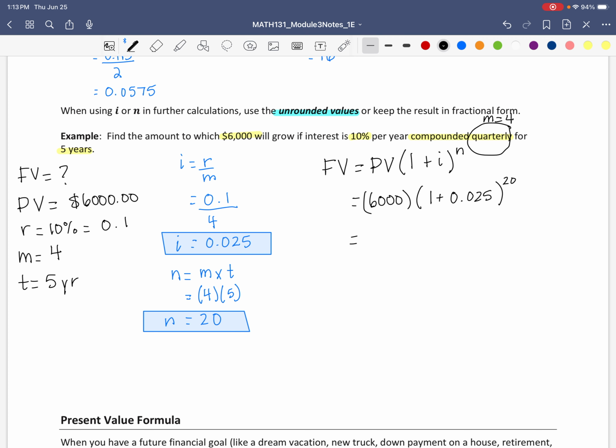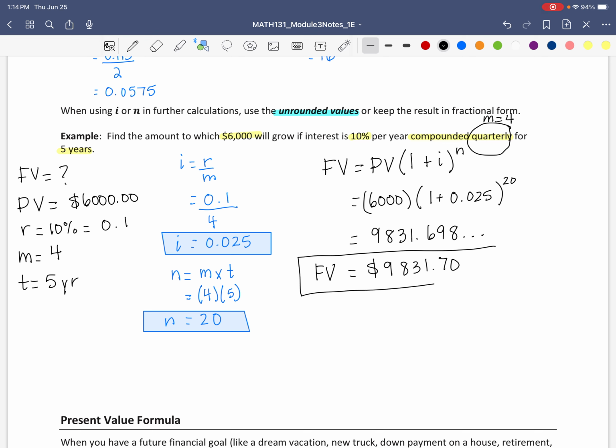When we put this into your calculator, you're definitely going to get a value that likely you're going to need to round. And again, we're talking about money, so we're going to round it to 2 decimals and ensure we include the dollar sign. So our answer is going to be $9,831.70.